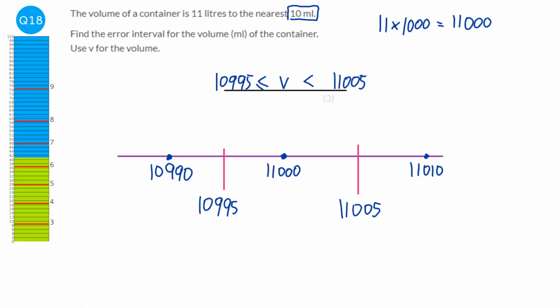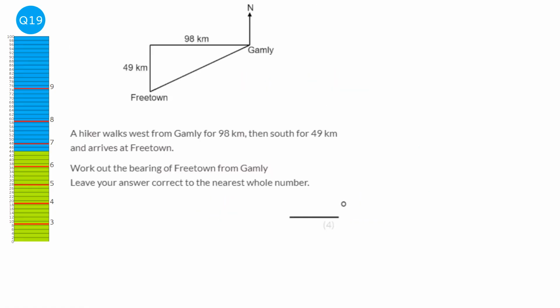So we're asked to find the bearing of Freetown from Gamley, so that is this angle here. And so what we're going to do is we're going to find this angle, and this will obviously be 90 degrees because the hiker walked west, and it's against the west line and the north line, so it's definitely 90 degrees.